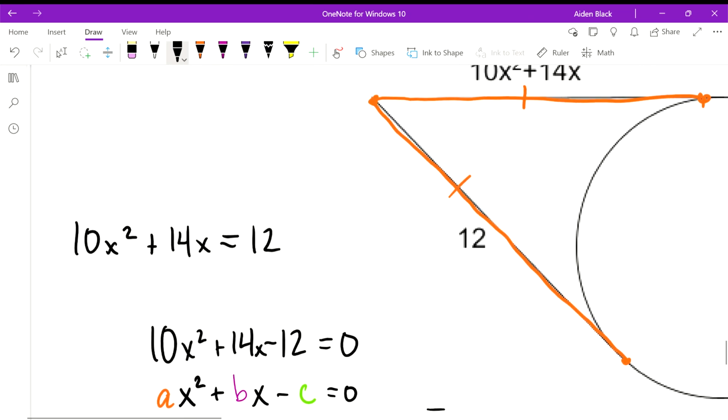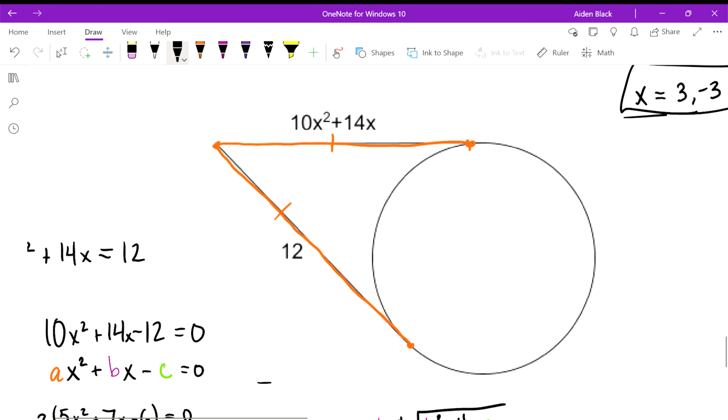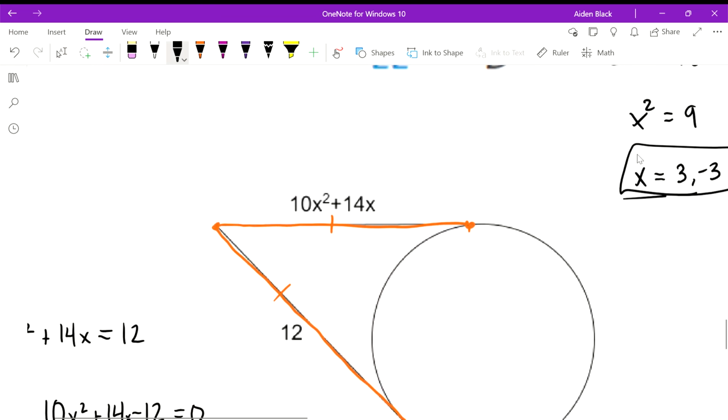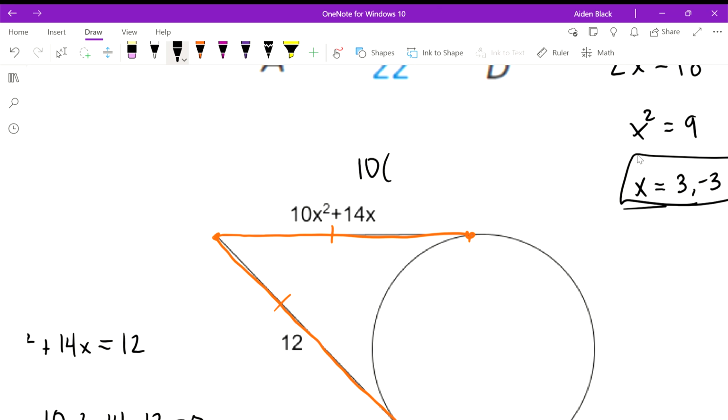And when you plug those values back in, you should have that they are positive. So I'm going to use the negative one just to show. We have 10 times -2 squared plus 14 times -2. Let's just ensure that this is going to be a positive value.